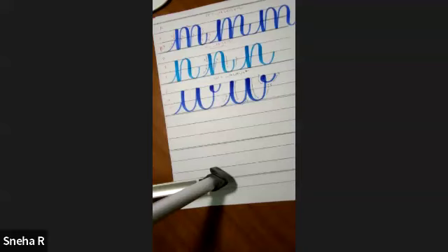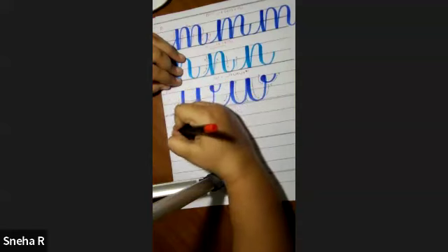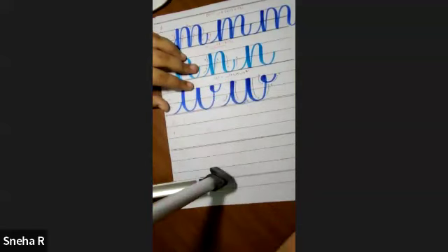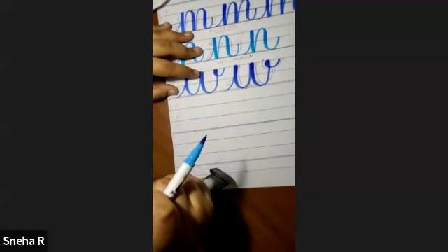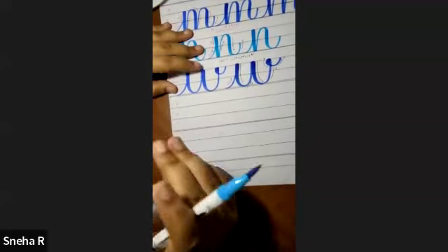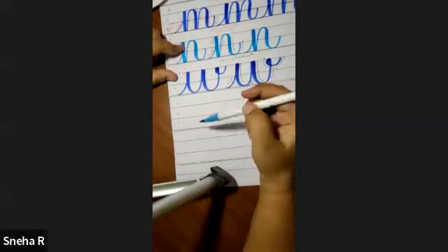Amazing. It looks very neat. It's a bit pointed, but with the practice of your underturn, you'll get it. Okay. The next one is V. For V, it is the same as W, but with a narrower space.